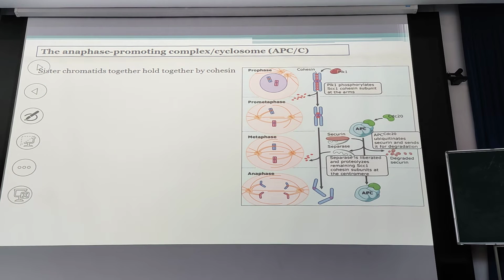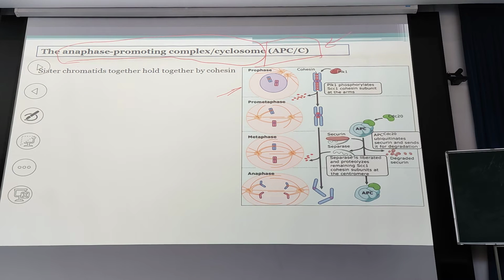Among the other types of regulators, you need to remember this structure, the anaphase promoting complex. Remember the abbreviation, APC/C. You can see that sister chromatids are held together by cohesin. In prophase they stick together by cohesins, in prometaphase they still stick together, and in metaphase they need to separate.